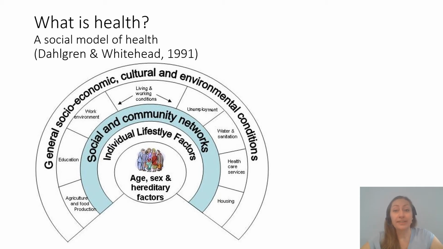The next layer is the social and community networks, which is surrounded by things like, for example, the work environment, education, unemployment, and so on. And the outer layer are the general socio-economic, cultural, and environmental conditions.